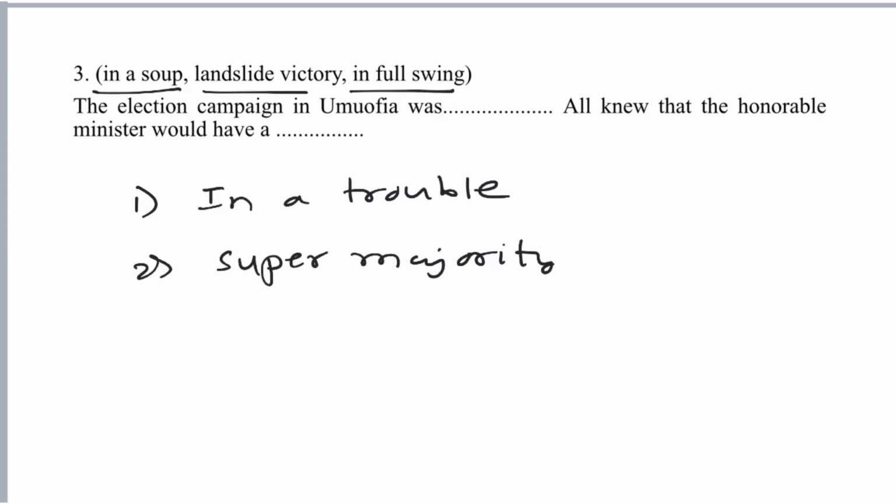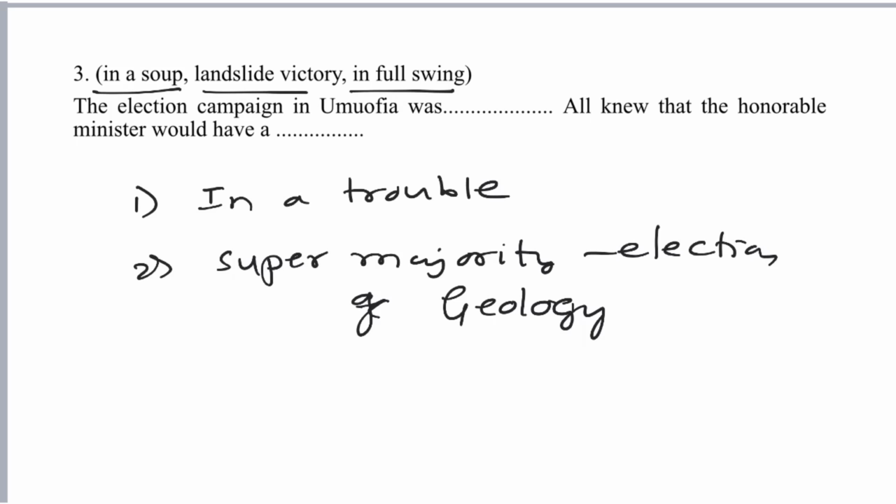Normally it is used during elections, and the term comes from geology. The word landslide is taken from geology, where a landslide takes everything with it in its way. So, a super majority you can say, a huge victory you can say.